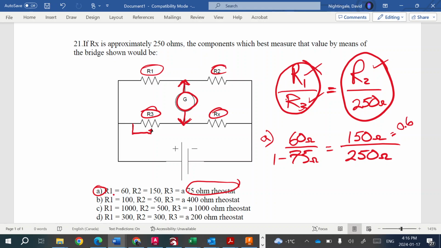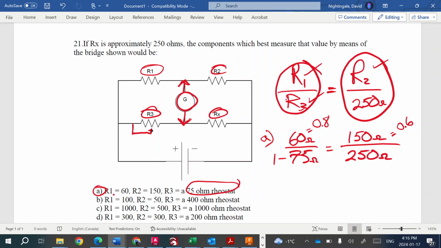Now, if I were to solve for 60 ohms and on the max setting of 75, that's going to give me a ratio of 0.8. Okay, so that would be 60 over 75 gives me 0.8. And you'll notice that's too high for the 0.6, 150, and 250.